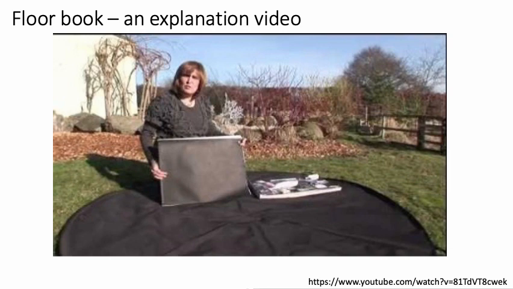The floor book can be used for any variety of different things. For us, in the work I do, we can use the back of the floor book to show our delivery of the curriculum in a very child-centred way. If you're interested about how to use the floor book in more detail, along with 3D mind mapping and a variety of different strategies, there's soon to be a DVD coming out, so look out for that.